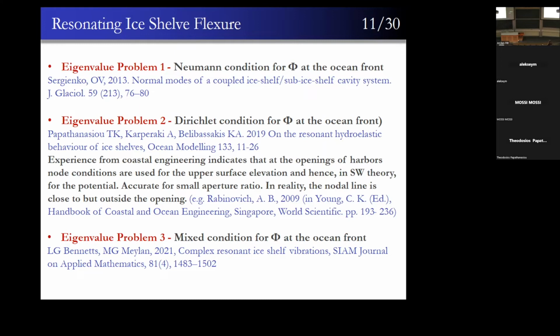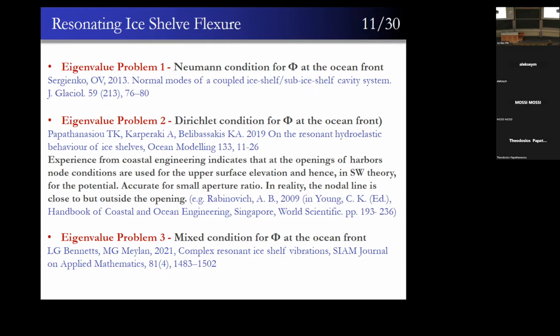three eigenvalue problems, either using a Neumann condition for the velocity potential, so no flux inside the ice shelf cavity. This was used by Sergienko in 2013. We can close using a Dirichlet condition for the velocity potential. That means a nodal line at the opening.